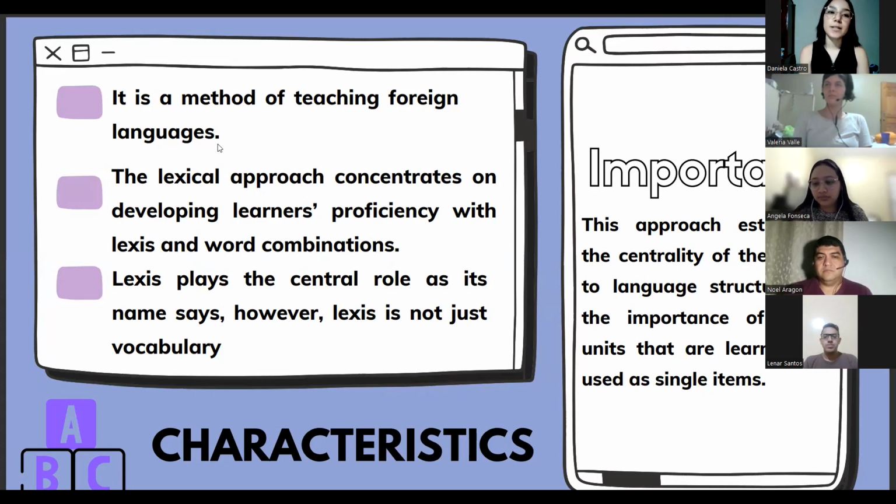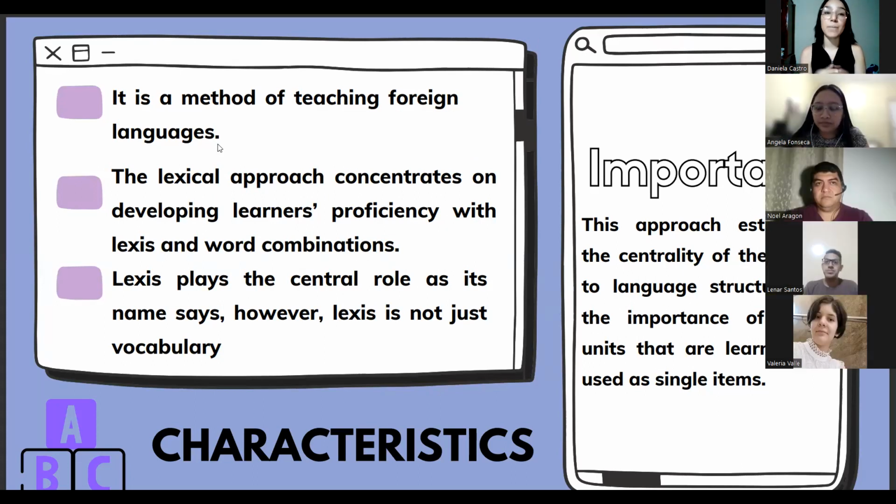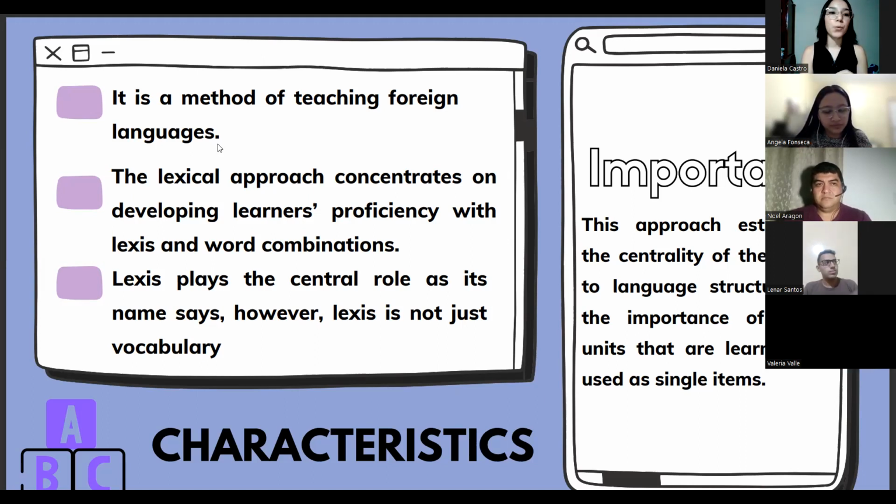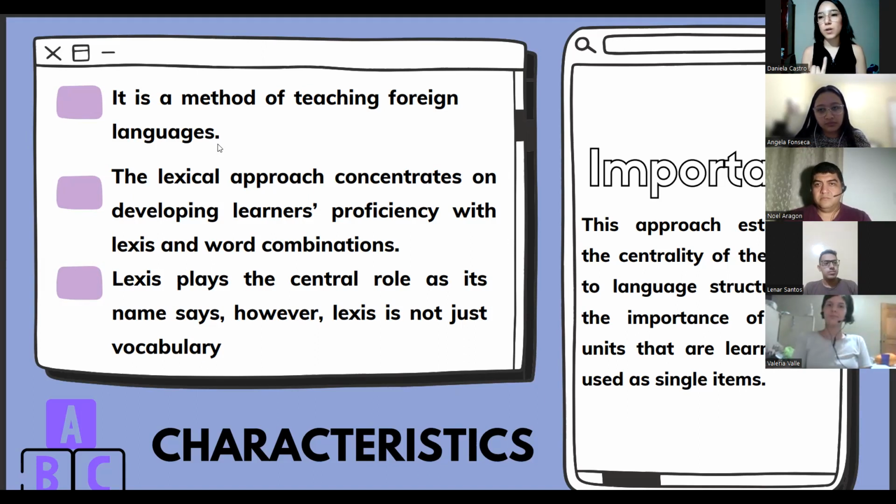Well, basically because this method has the purpose that the foreign learner can communicate by using the language, but not by following grammar rules, as my partner already mentioned, but instead, using the language in a natural way. That means, for example, if the teacher wants to use that method in a classroom, probably she or he will teach idiom expressions, phrasal verbs, chunks, and etc.